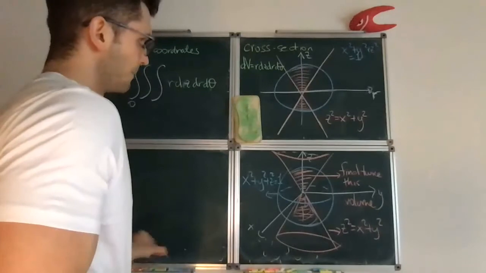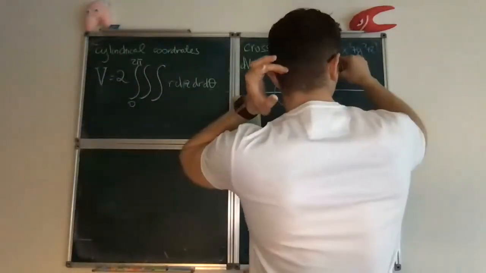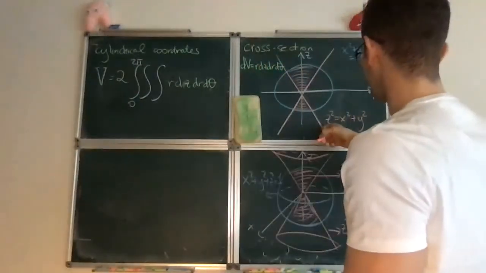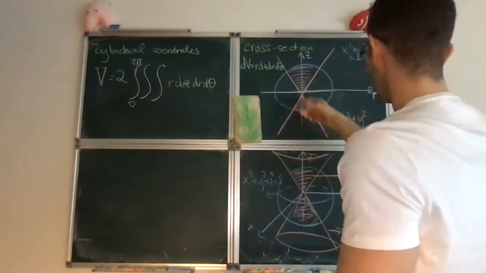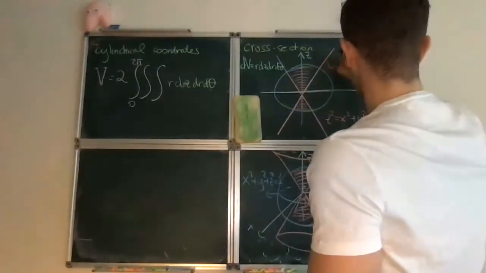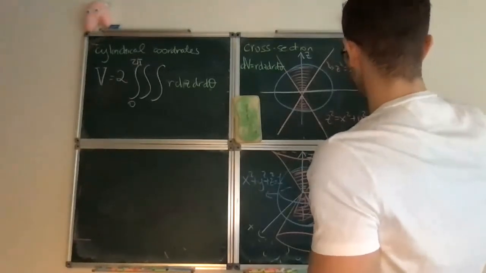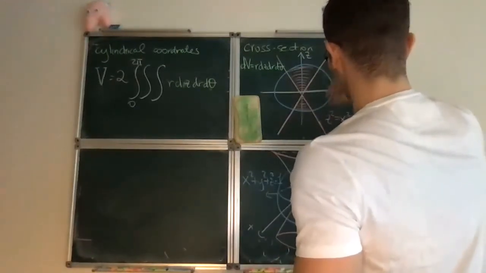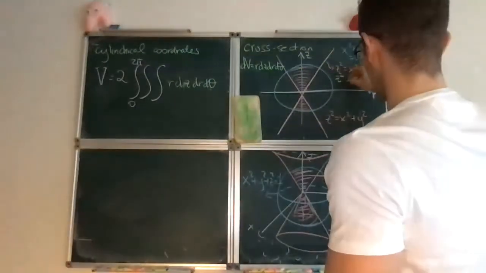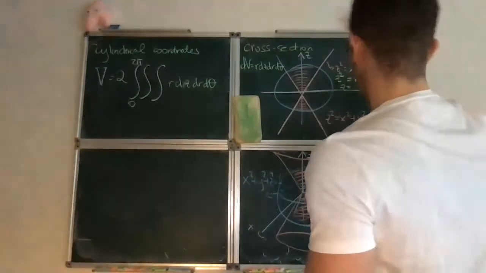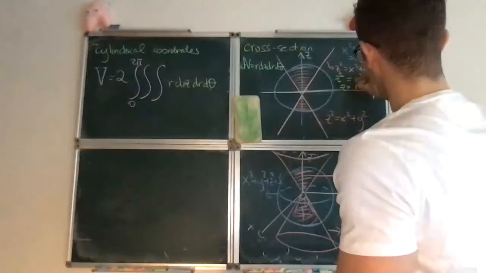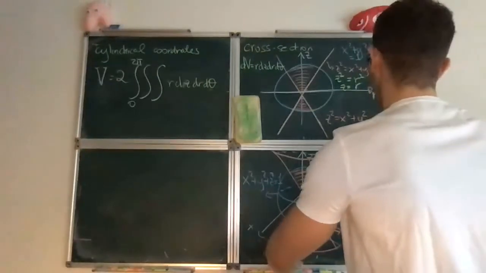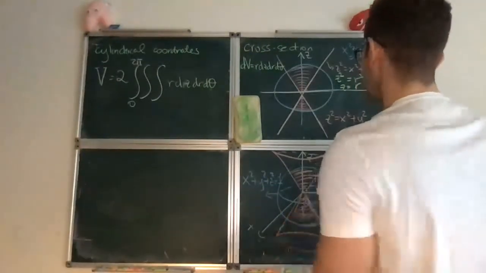And now let's try to figure out the equations here in cylindrical coordinates. Remember, the equation for the pink line is z squared equals x squared plus y squared, which in cylindrical coordinates becomes, remember that z does not change, and x squared plus y squared gives you r squared. In principle you get plus or minus r, but since we're only looking at the part above the xy plane, you can take z equals r.